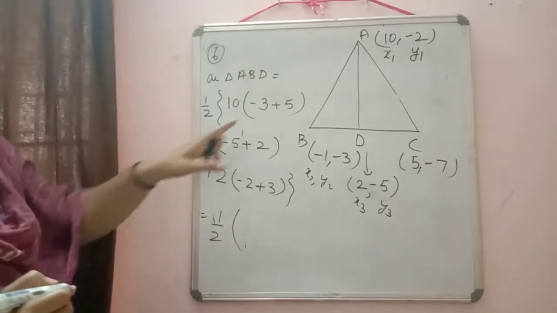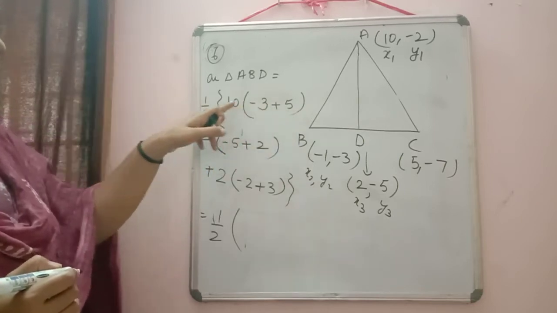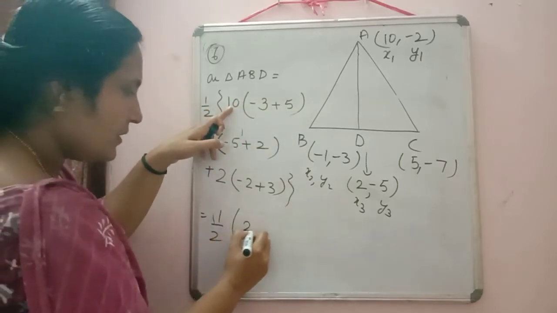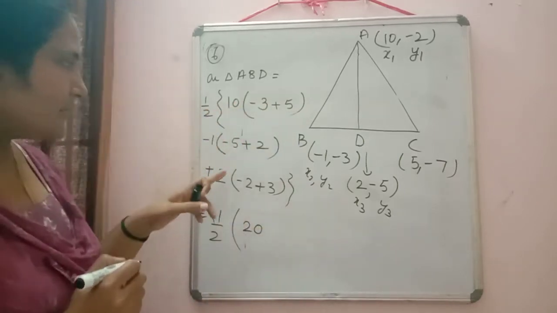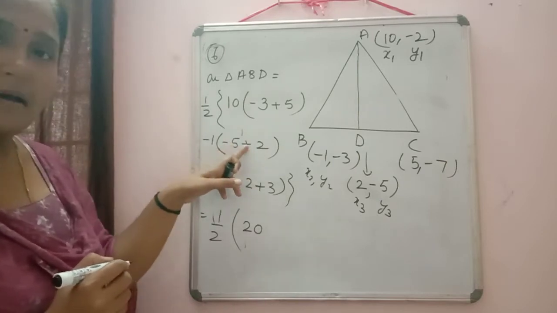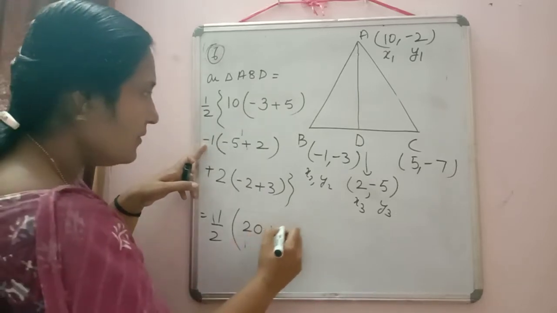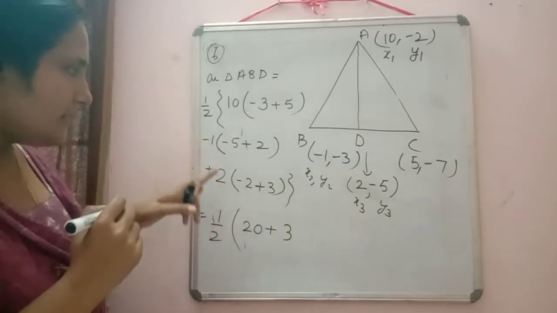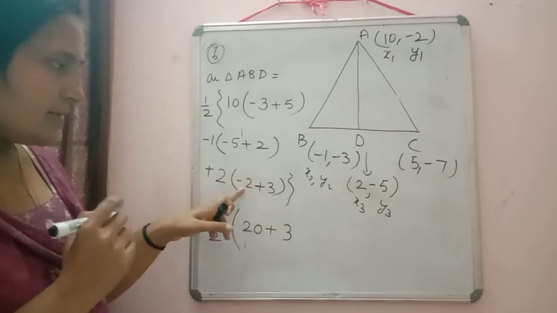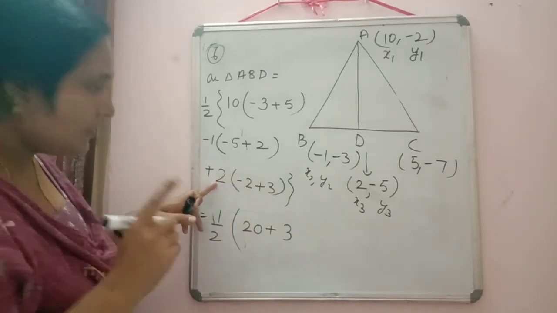Half into 5 minus 3 will be equal to 2, and 2 into 10 will be equal to 20. Then minus 5 plus 2 will be equal to minus 3, and minus 3 into minus 1 will be equal to plus 3. And here 3 minus 2 is 1, and 1 into 2 will be equal to 2.